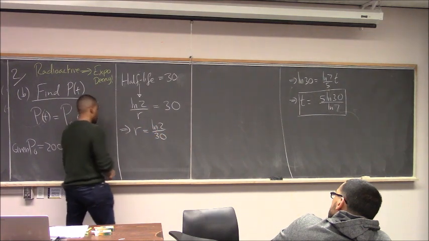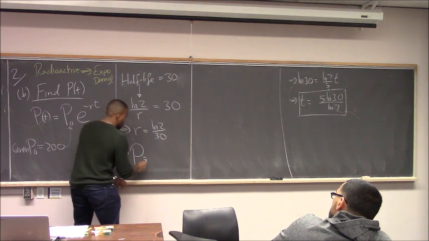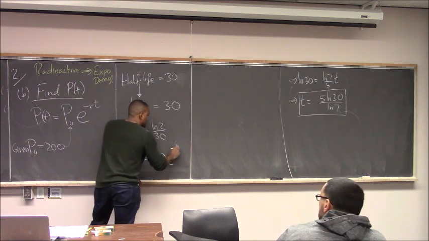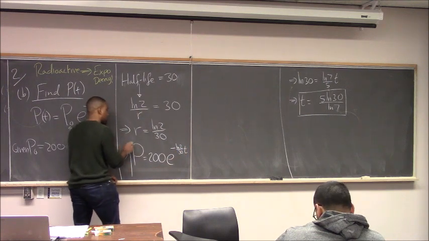So this means ultimately we can find P, which is going to be 200 e to the minus ln 2 over 30 times t. That's the answer.